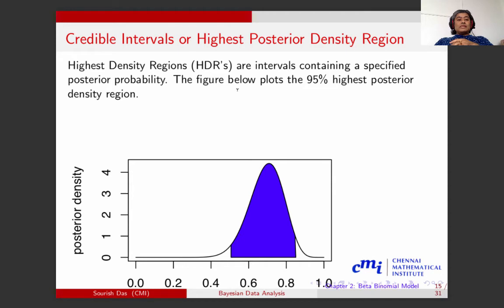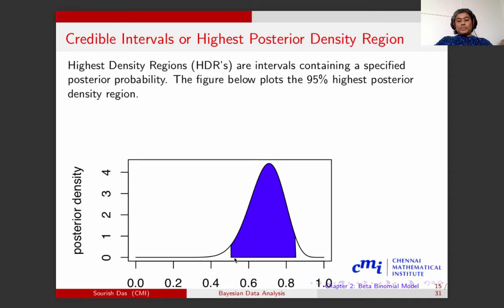Now I will talk about another interesting concept called the highest density region. A highest density region or highest density interval contains a specified posterior probability. The figure below shows a 95% highest posterior density region, so it's equivalent to a confidence interval.